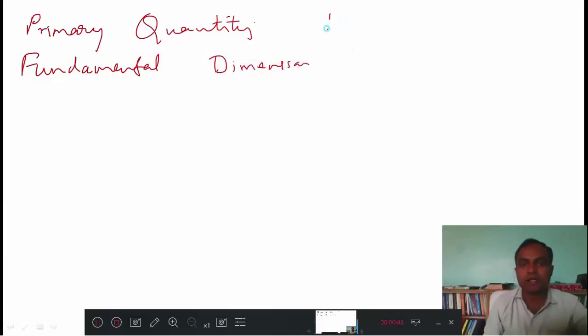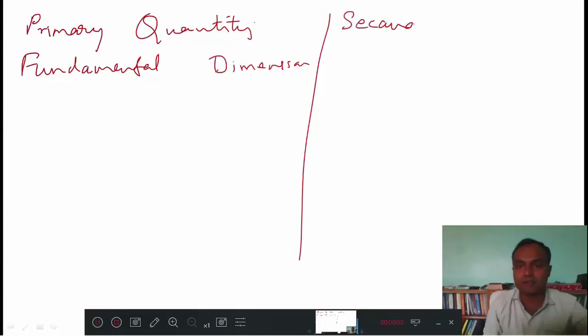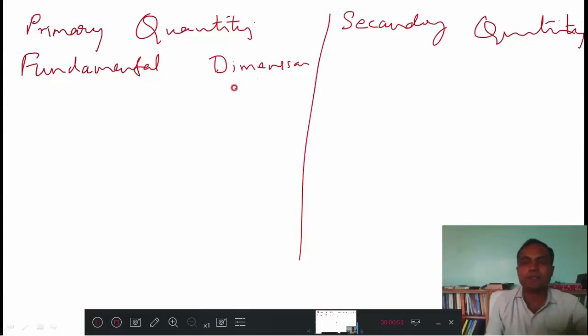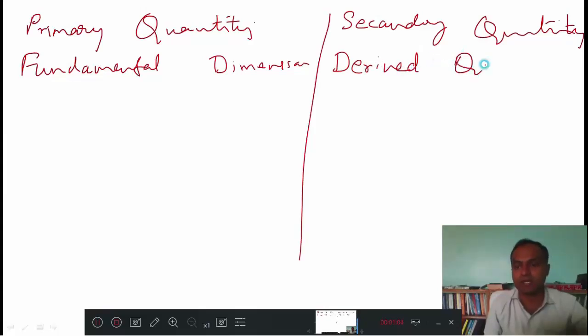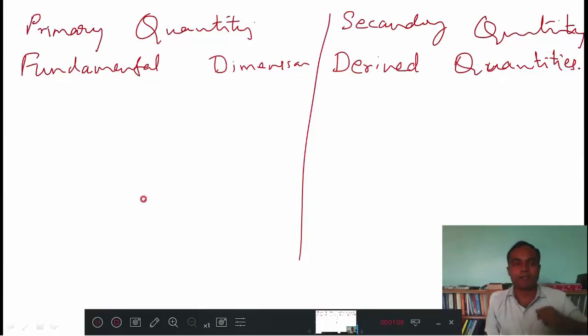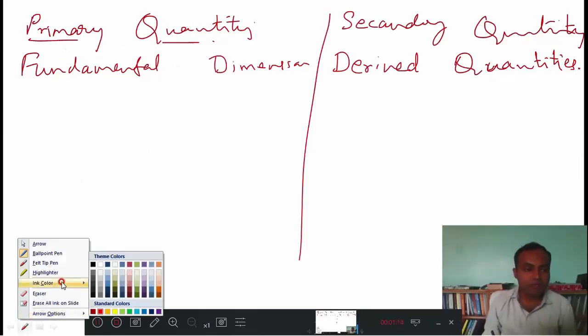And later we will study what are secondary quantities. The secondary quantities are also called derived dimensions, or derived quantities. Fundamental quantities are those which are very fundamental.